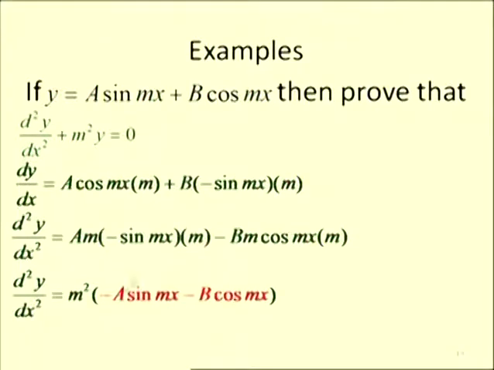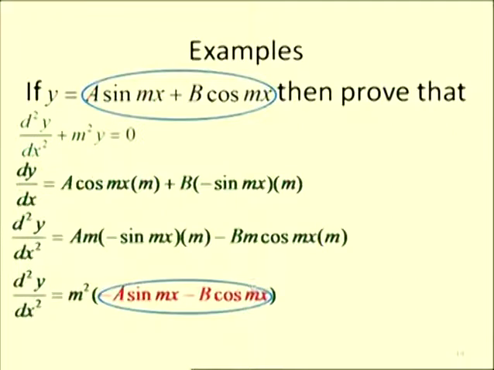Now this red color font, if we take minus sign common, it will be exactly matched to y. That is, these two quantities which we have encircled with ellipse, they are equal. So y is equal to this. So these can be replaced by minus y.